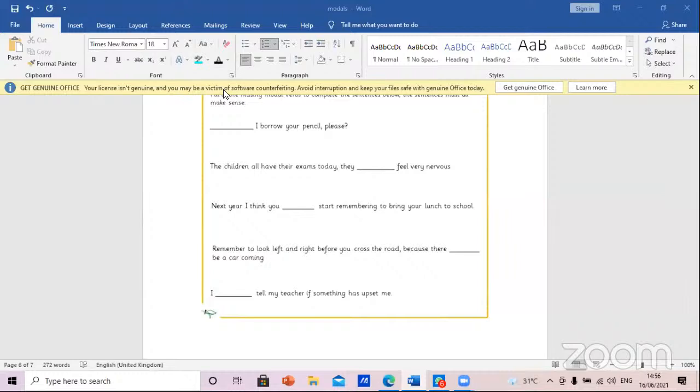Some students have sent me could. We can't use could because this is not past tense. Remember to look left and right before you cross. This is simple present. So we can't use could. That is the reason for using can, not using could and must.